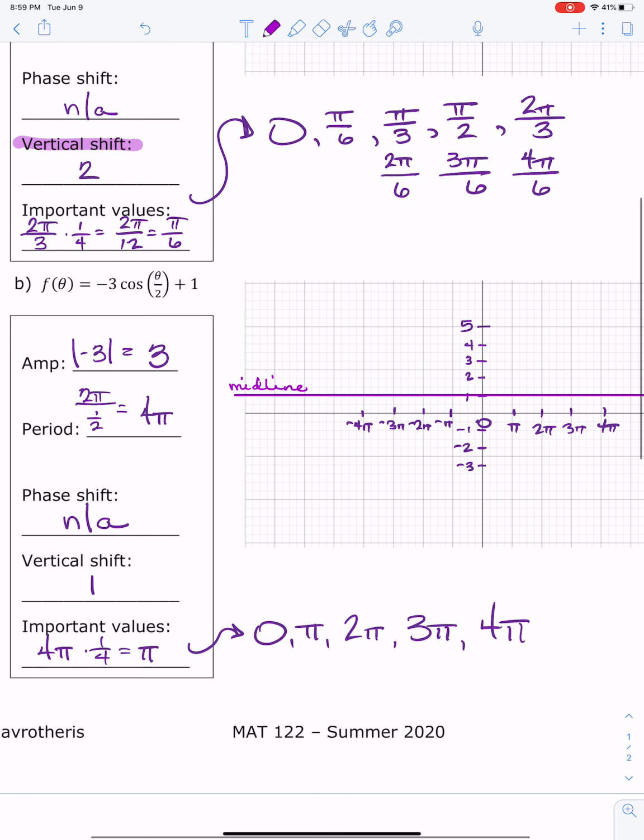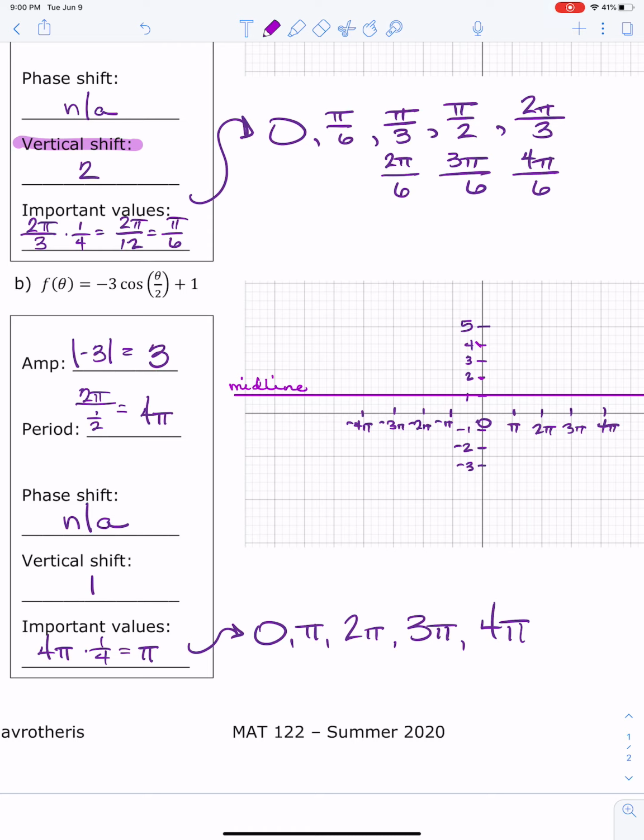Okay. This is a cosine. So at 0, the cosine is 1. So if this were just a standard cosine from my midline, I'd be going up 1 to here. But take a look at that number in front. First off, my amplitude is 3. So instead of going up 1, I would go up 3.